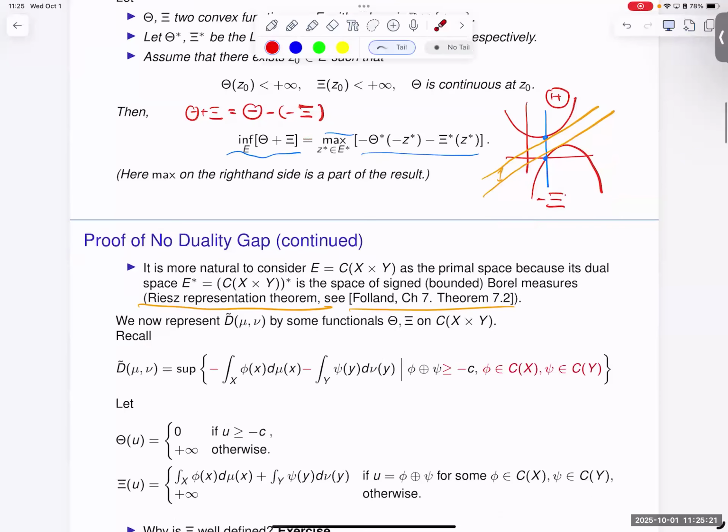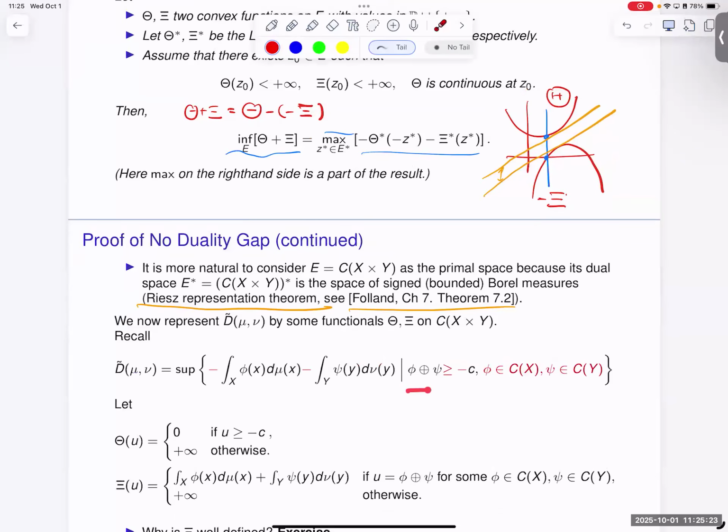So let's say we want to satisfy this condition, so we want to put some penalty on it. First of all, we just want to have only one single function, u on the product space x times y, but we want u to be expressed as this sum. This means u(x,y) is phi(x) plus psi(y).